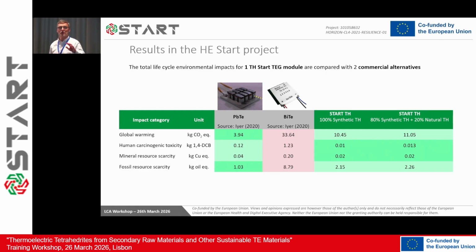So there are aspects that you can work with and take advantage of, like the toxicity and the resource scarcity, but then there are other aspects in the global warming and the fossil resource scarcity that maybe you can try to look into to improve the performance of the product.